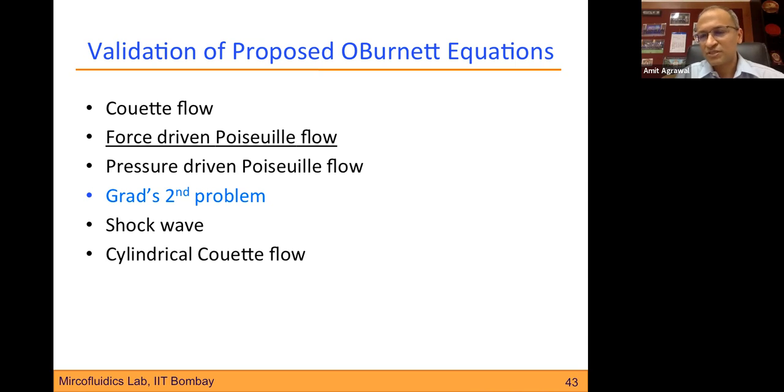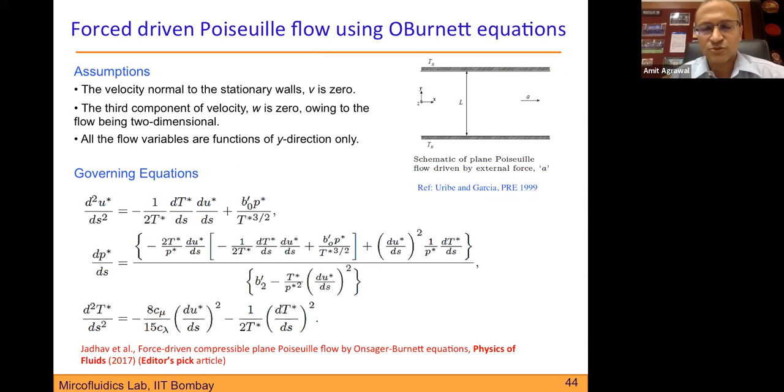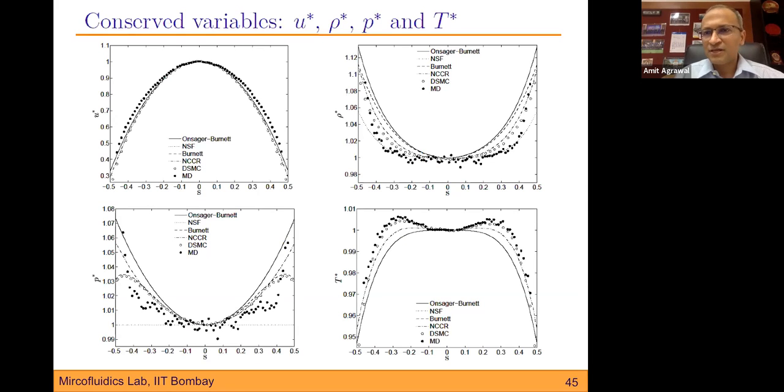So we have applied various different types of Burnett equations, etc., to this problem as well, and seen what sort of solution comes out. So, very quickly, this is one given case where Burnett equations have been applied, tested against a lot of different DSMC, MD, etc., and a lot of other data available in the literature.